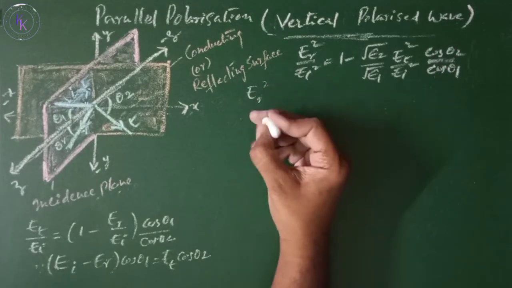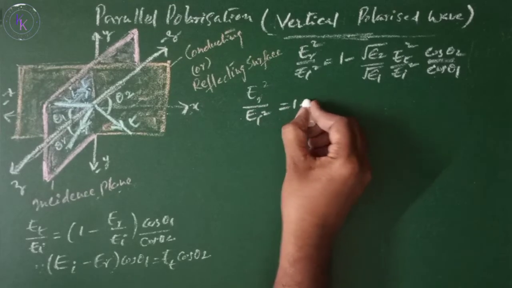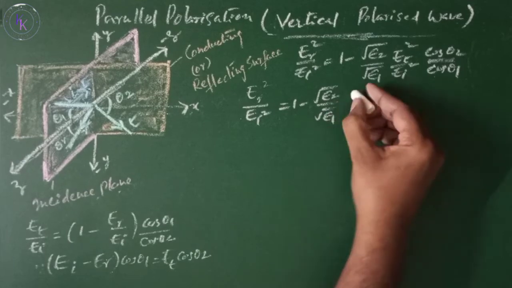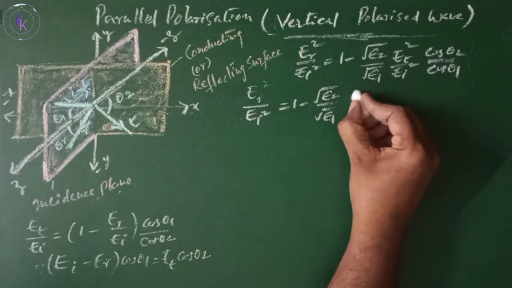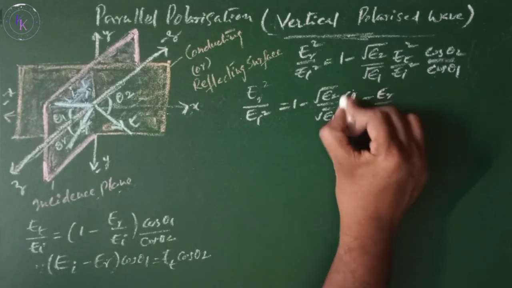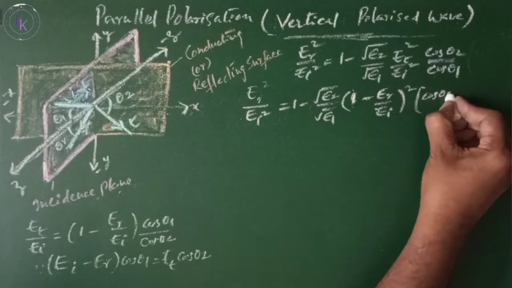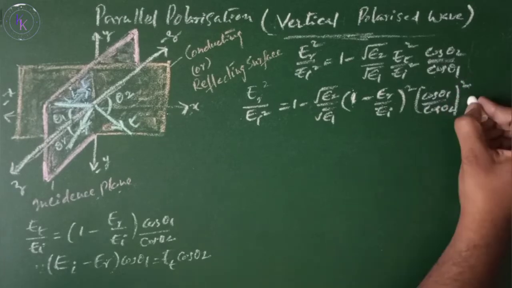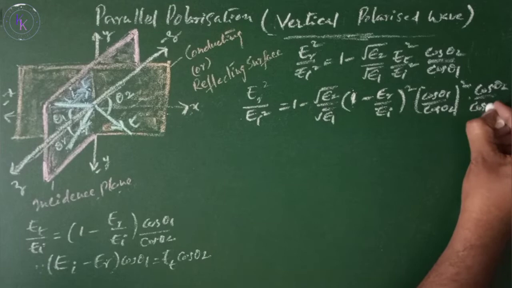Er square divided by Ei square equals 1 minus square root of epsilon 2 divided by square root of epsilon 1. So Et by Ei equals 1 minus Er by Ei whole square, and cos theta 1 by cos theta 2 whole square, then cos theta 2 by cos theta 1.